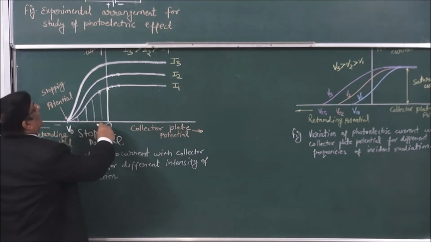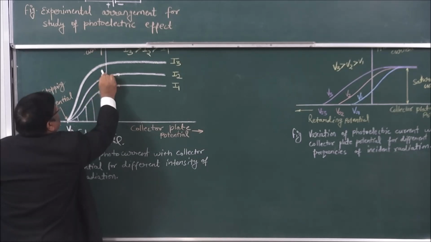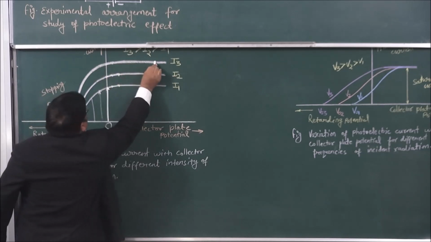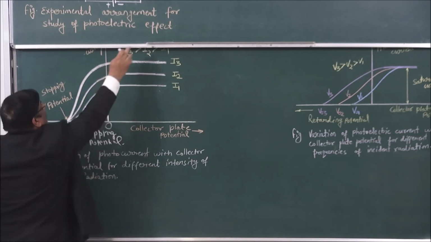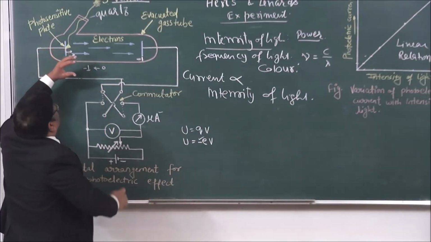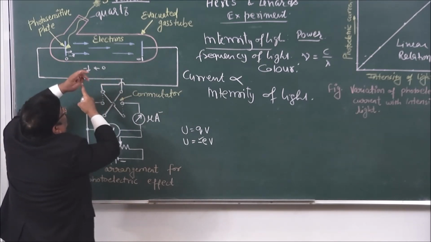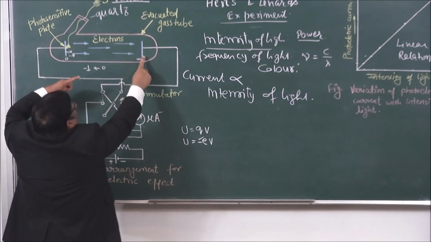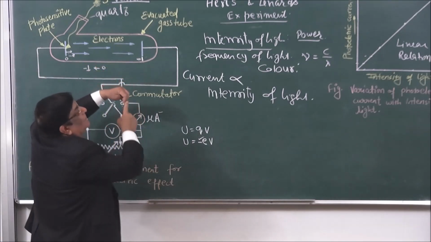Now again we do this experiment with intensity 3. With intensity 3, initially when we increase the potential, the current increases and becomes saturated. But when the potential is negative, the current starts decreasing. First some electrons stop, more voltage, more electrons stop, and at a particular voltage the last electron, which had the maximum energy, also stops.